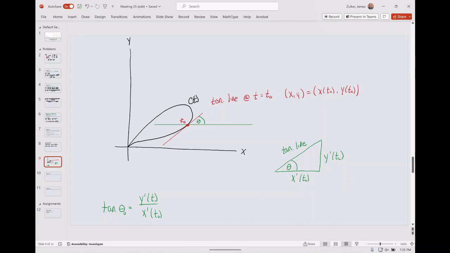For a tangent line, tangent of its angle of inclination is the slope of the line. Let's call that theta inclination equals slope.